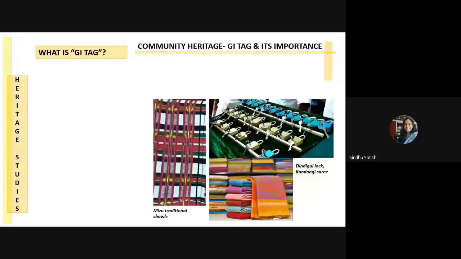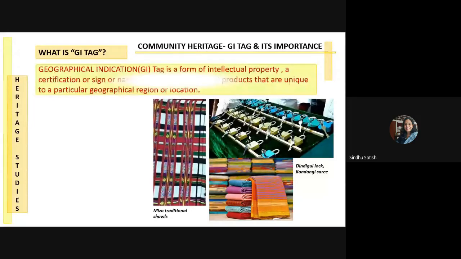where a given quality, reputation, and characteristics of the goods is essentially attributed to its geography of origin, largely because of the availability of raw material and practices responding to the climate and geological aspects around. So a geographical indication can be defined as a form of intellectual property.